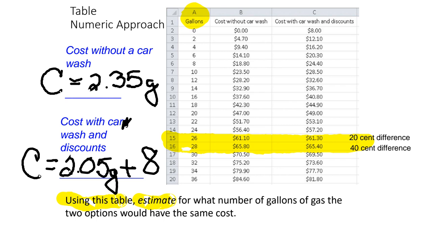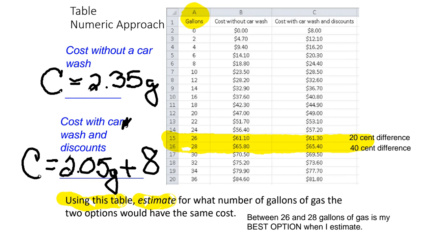So my estimate, since I'm using the table that is going by 2s, I am going to say between 26 and 28 gallons of gas is my best option when I estimate. Okay?